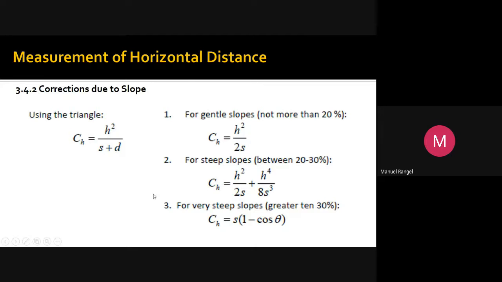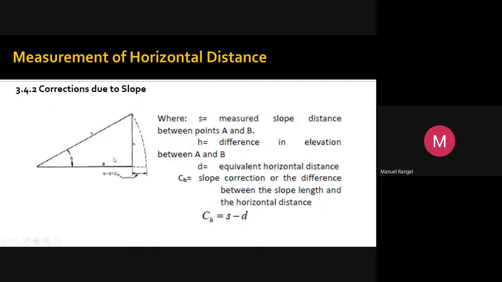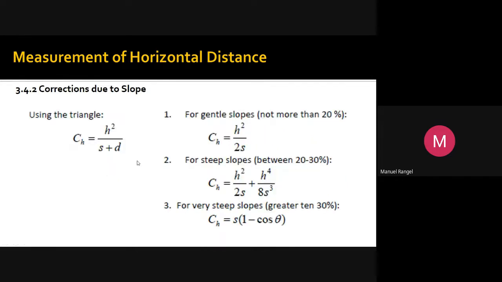So what are the corrections due to slope? We have the following formulas. By the Pythagorean theorem, s squared equals d squared plus h squared. Then we just transpose. Using that, it gives us three formulas.